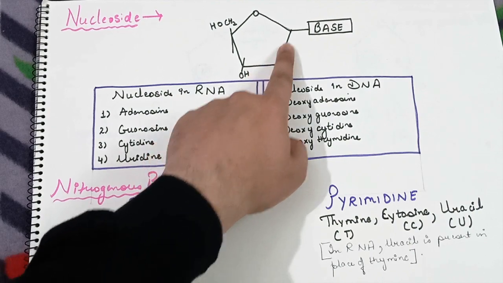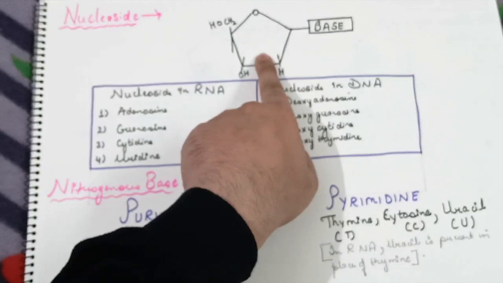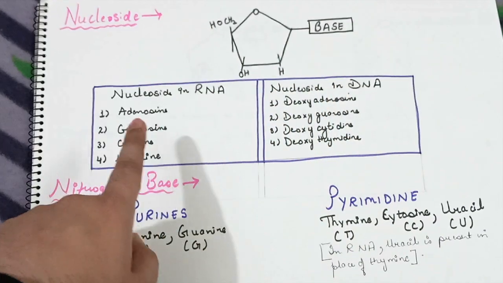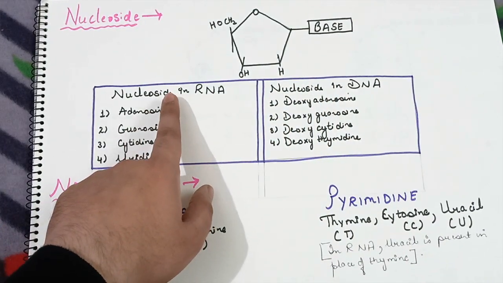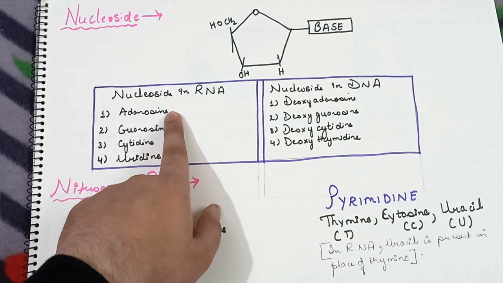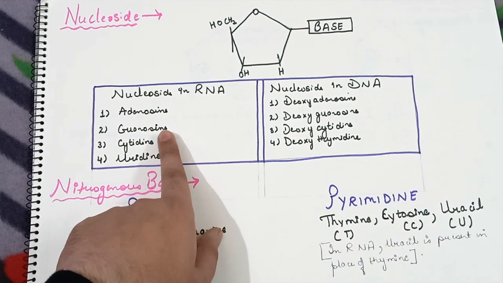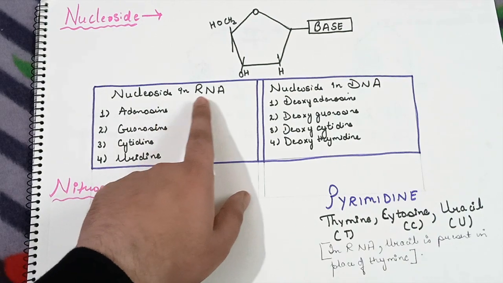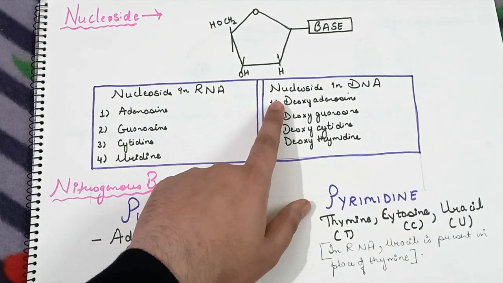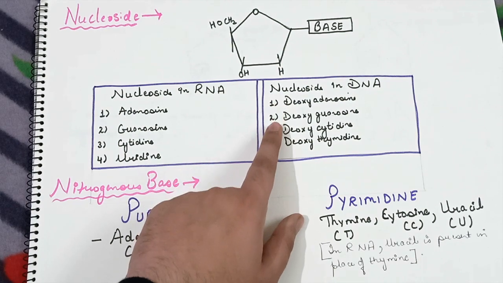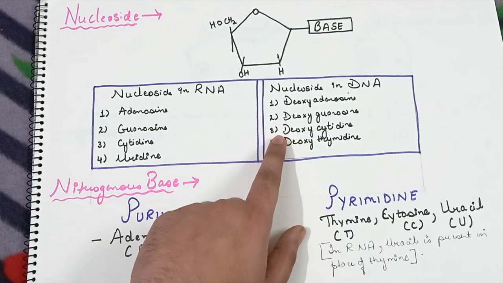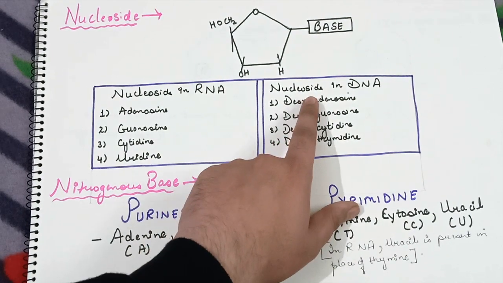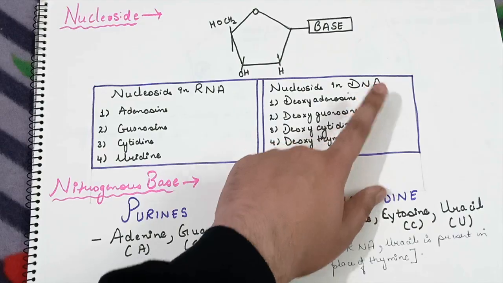As you can see here, there is pentose sugar which is linked with a nitrogenous base. Now let us see the examples of nucleoside. Adenosine, guanosine, cytidine, uridine are nucleosides of RNA, whereas deoxyadenosine, deoxyguanosine, deoxycytidine and deoxythymidine are nucleosides in DNA.